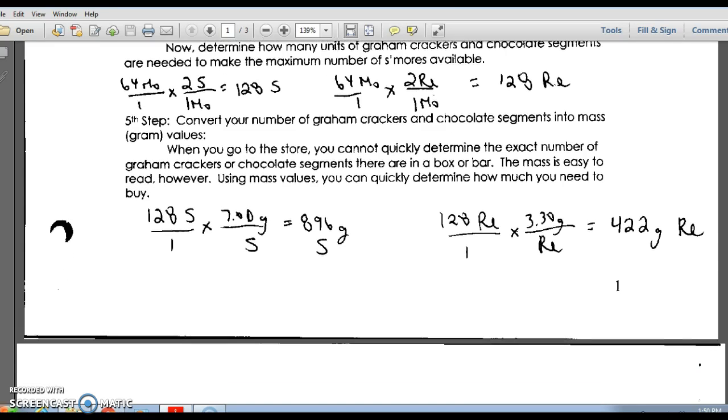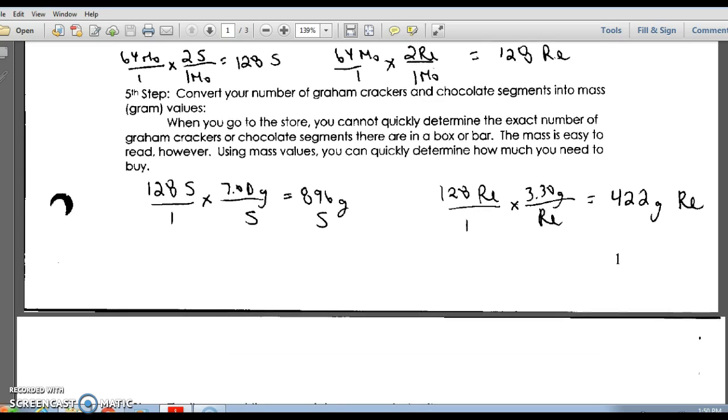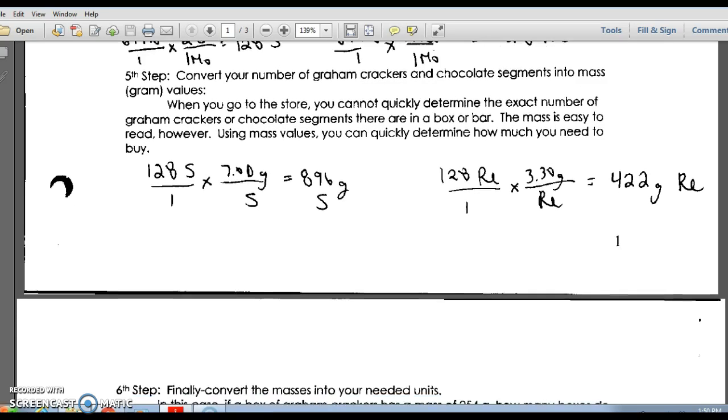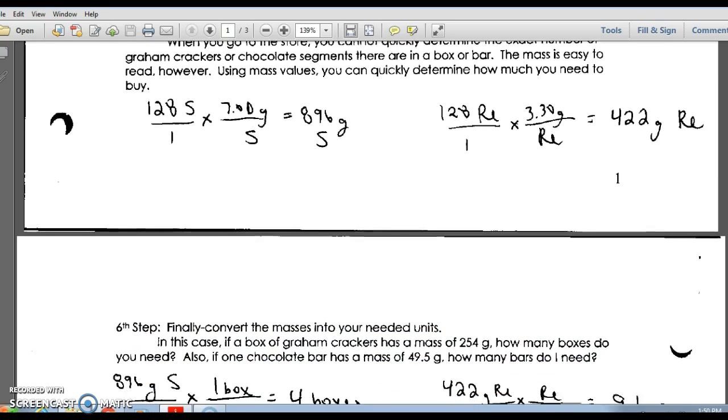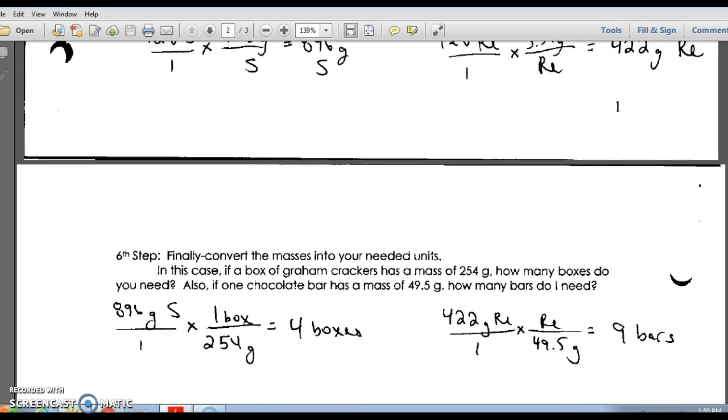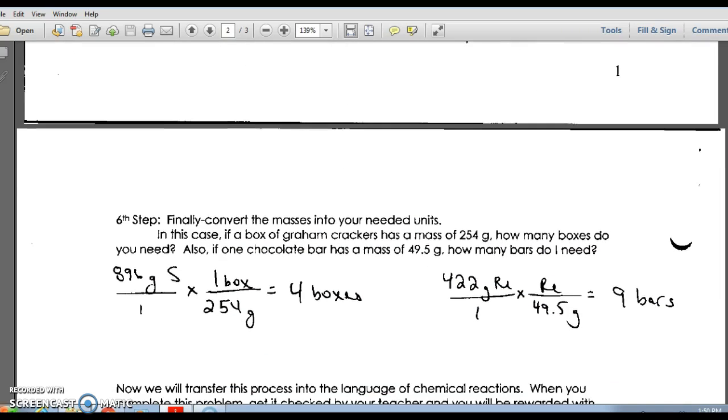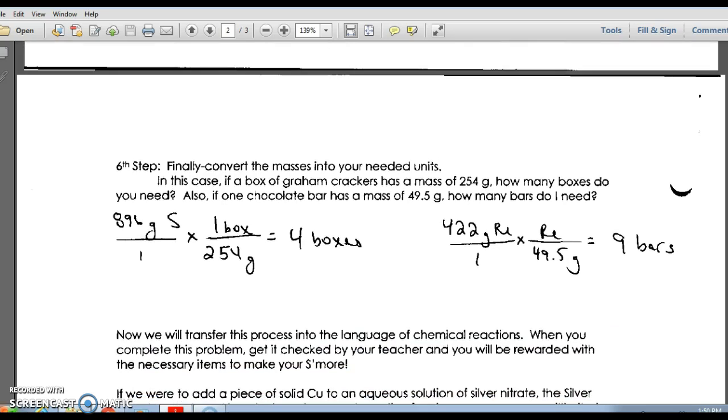But again, I can't really go into the store and say, give me 896 grams of graham cracker. So if I can look on the box and figure out how many grams one box is, then I can see how many boxes I need to buy.